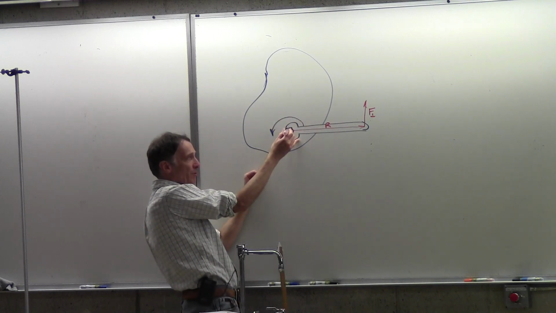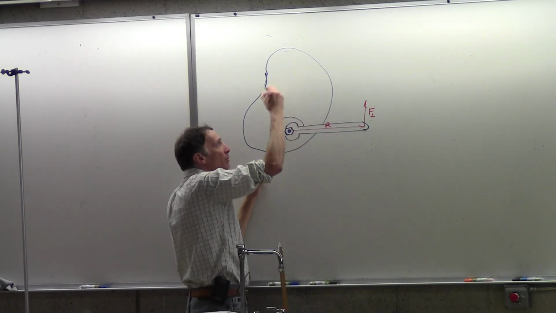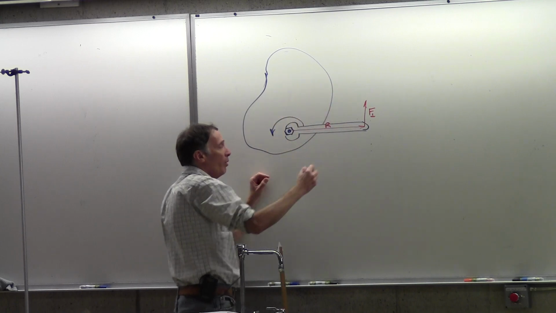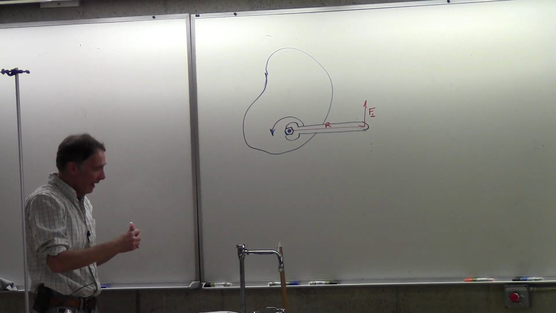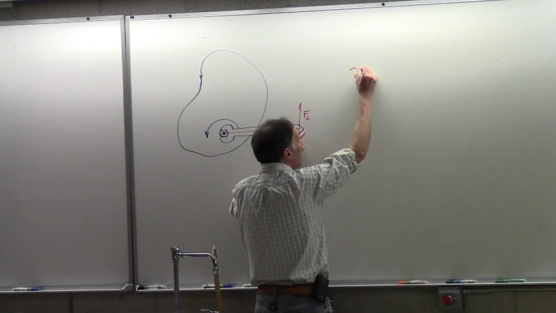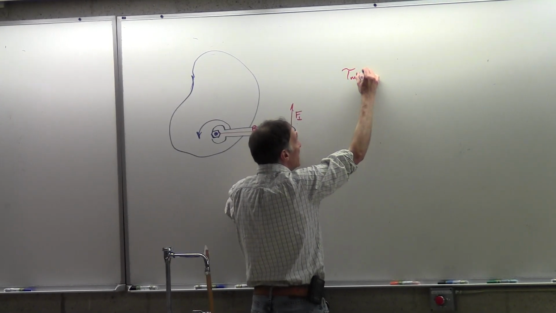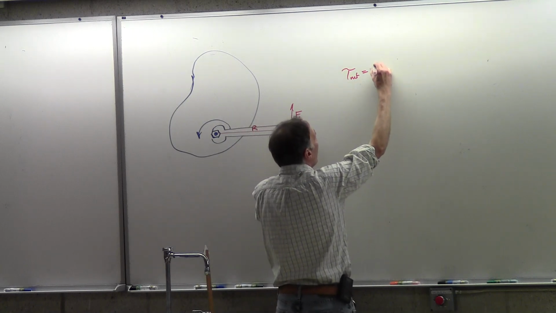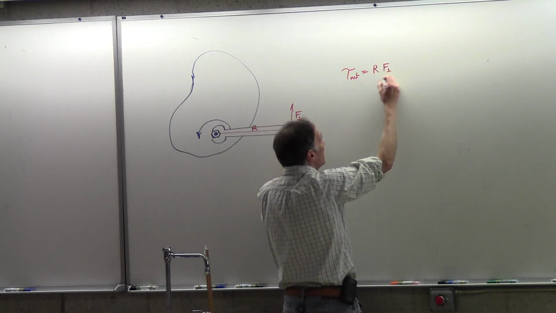Imagine the axis of rotation is right here, and it's going to start to rotate around this point. This is what we would call the torque applied to this thing. In this case, it would be the net torque. It would be R times F perpendicular.